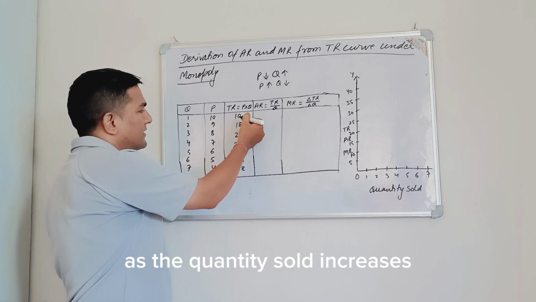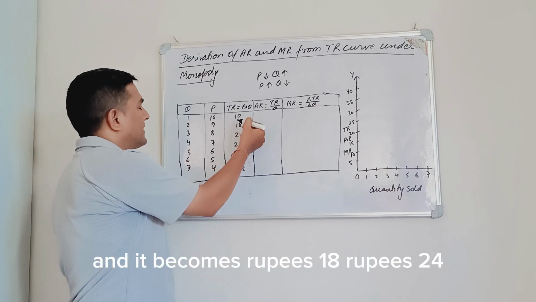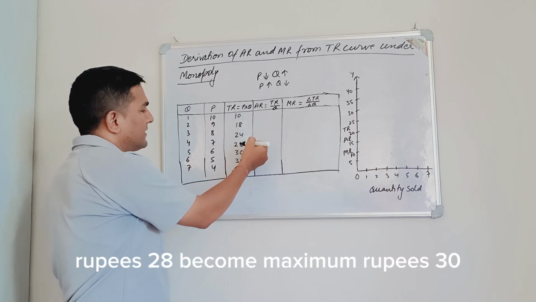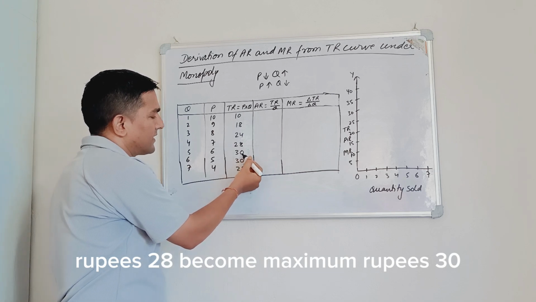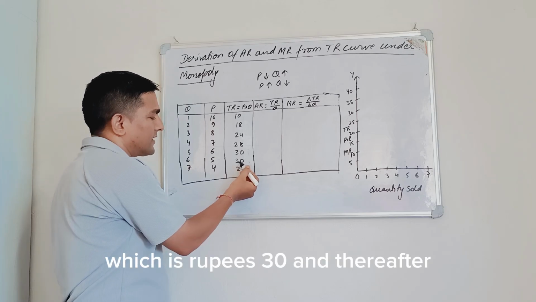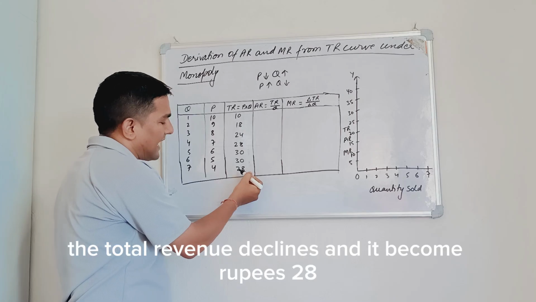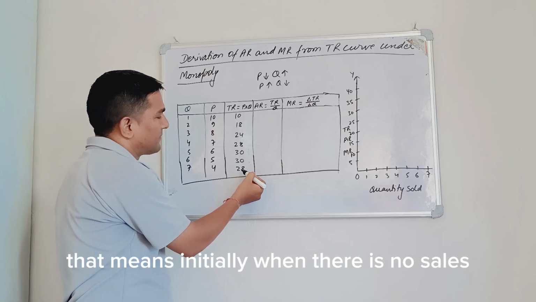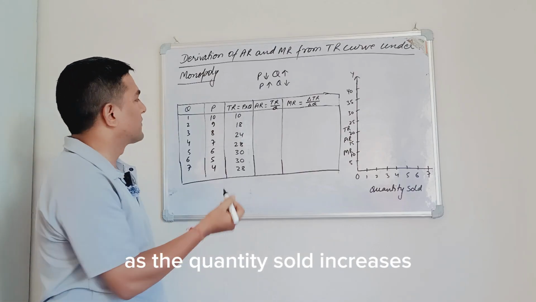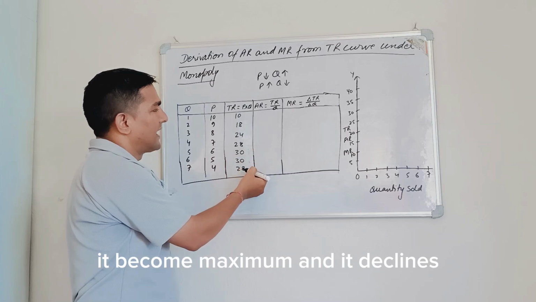As the quantity sold increases, the total revenue also increases at a decreasing rate, and it becomes rupees 18, rupees 24, rupees 28, becomes maximum at rupees 30, and remains stable at the 6 units of the product, which is rupees 30, and thereafter at the 7th unit of the commodity the total revenue declines and it becomes rupees 28. That means initially when there are no sales, the total revenue is 0. As the quantity sold increases, the total revenue increases, it becomes maximum and then it declines.